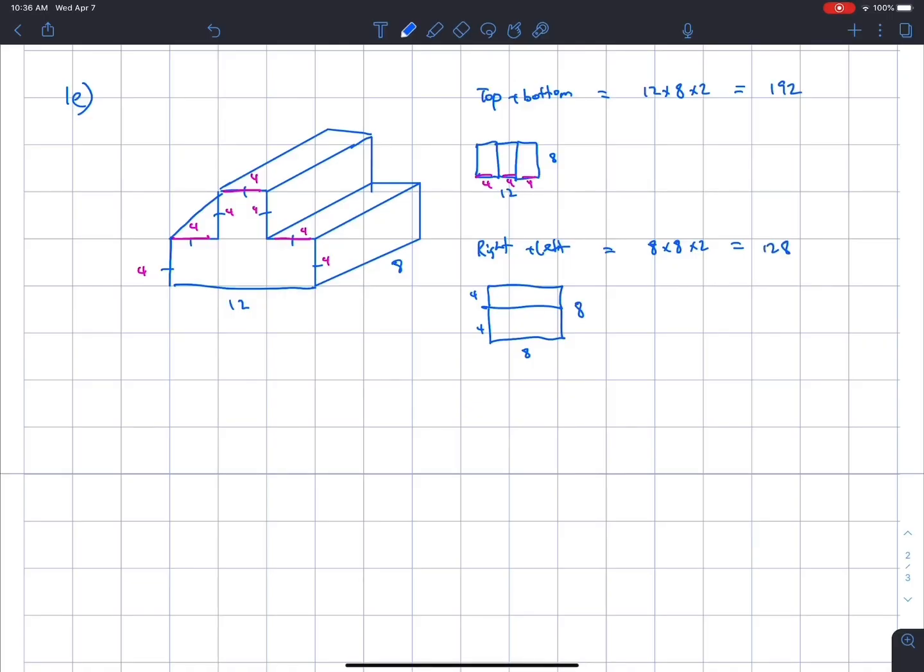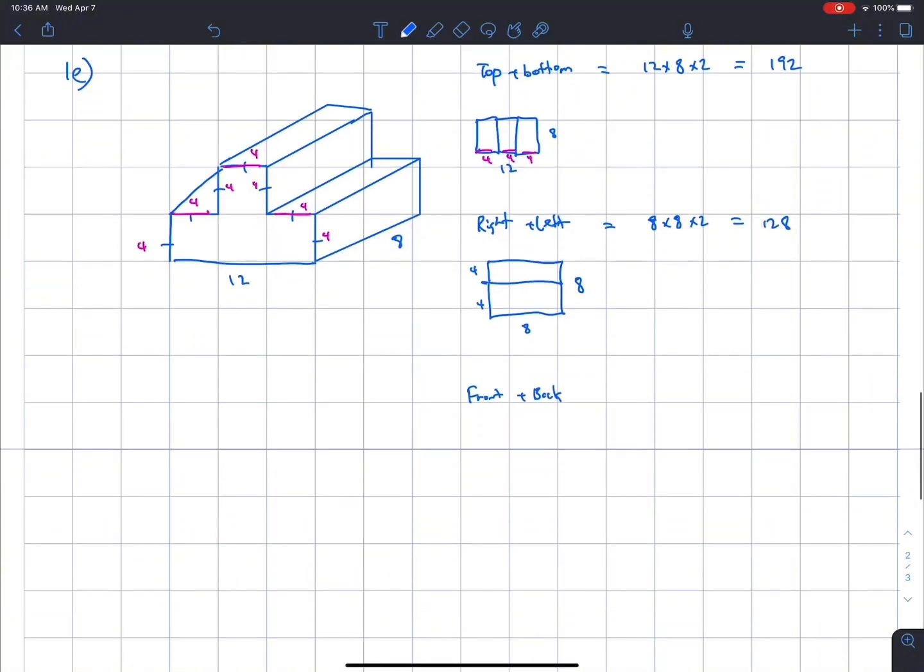And then we have the front and back. Right, this square is 4 times 4, and then this rectangle is 12 times 4. So that's 4 times 4 plus 12 times 4, and then times 2.